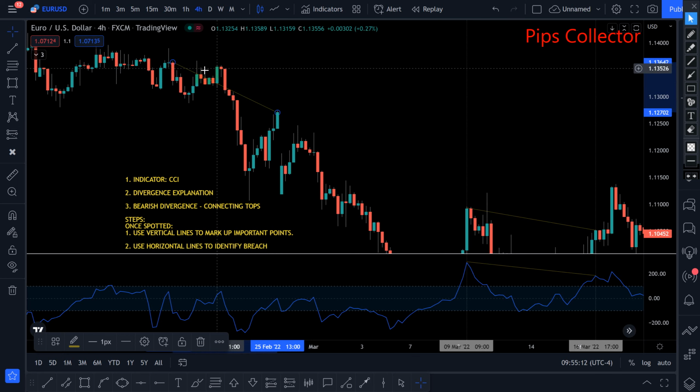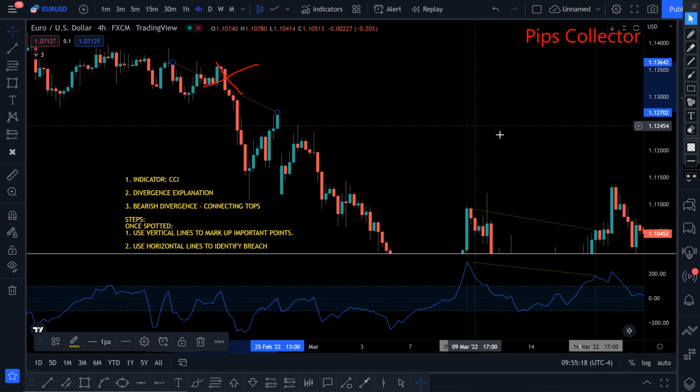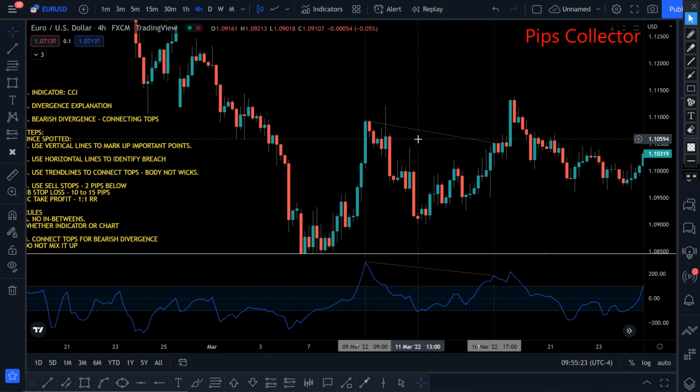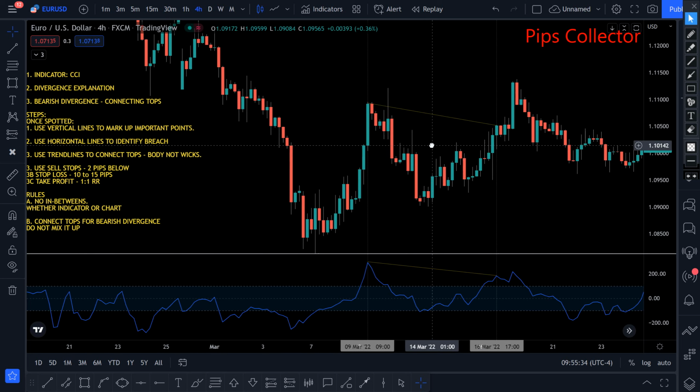This is an in-between. Okay, so this is wrong, but this wick is not an in-between because it's a wick that is piercing. So it's considered like a ghost, a mirage. It's not real based on this strategy I'm teaching you right now.